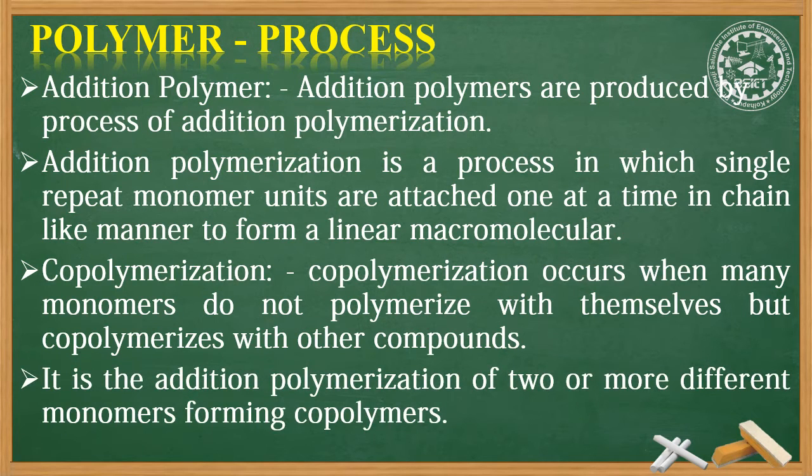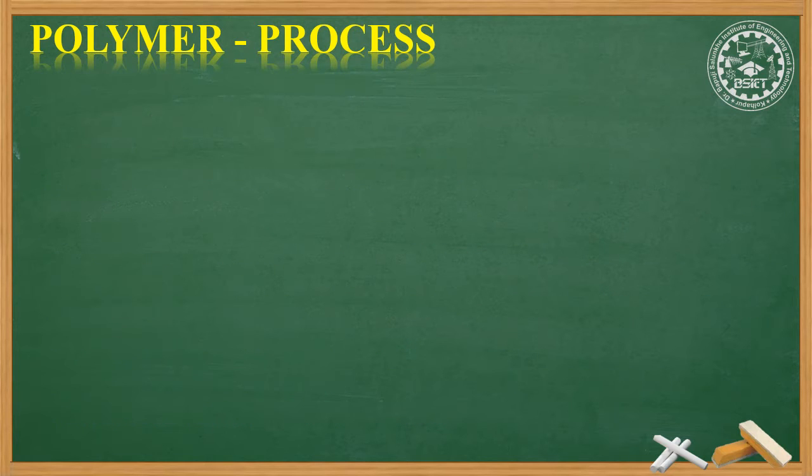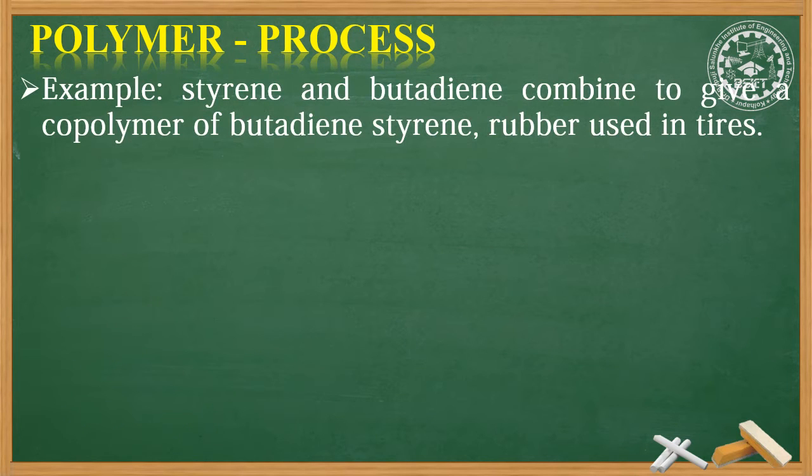It is the addition polymerization of two or more different monomers forming copolymers. The examples are styrene and butadiene combined to give a copolymer of butadiene styrene rubber used in tires. So these are the examples of copolymerization.